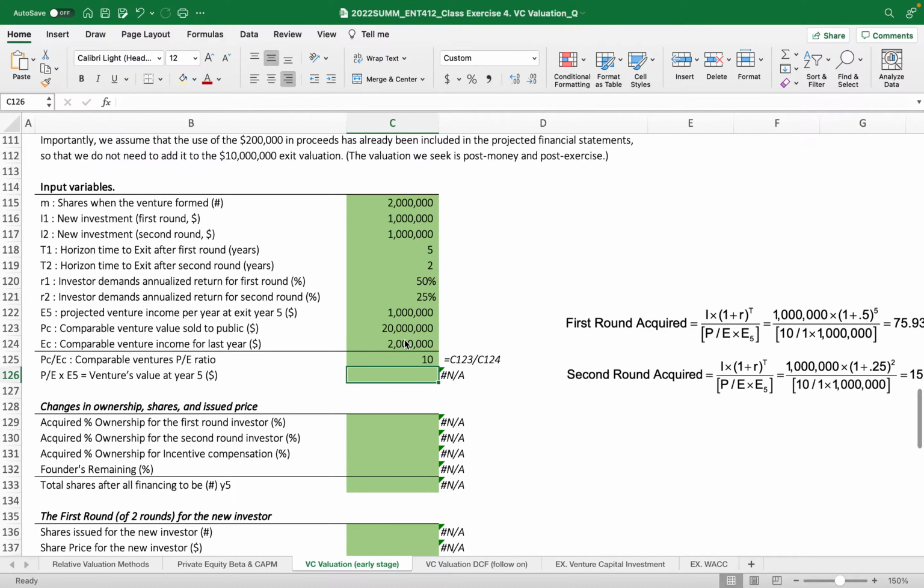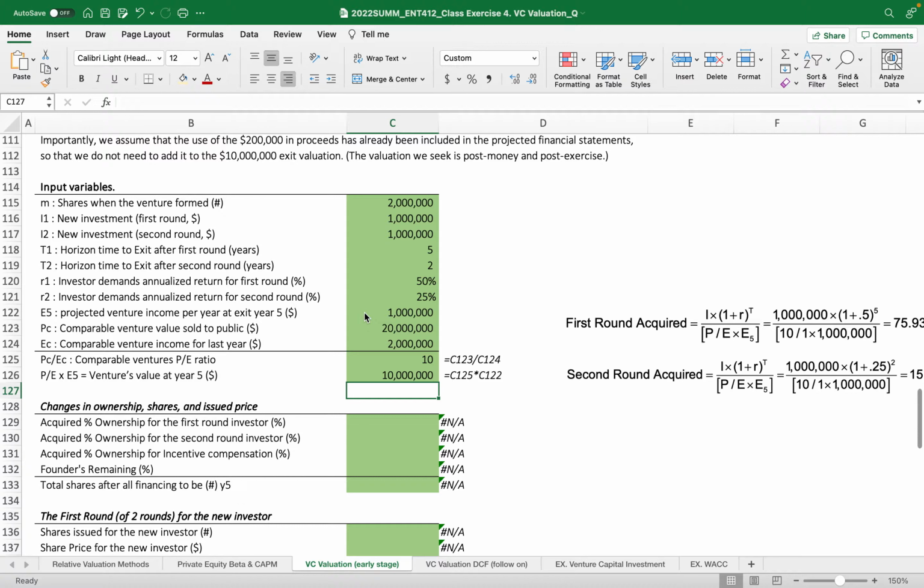10 times. This 10 times will be used to get the total venture company's value at the end of the year by multiplying the projected venture income per year. I'm sorry, so that is 10 million. This 10 million is the venture value using the PE relative method.